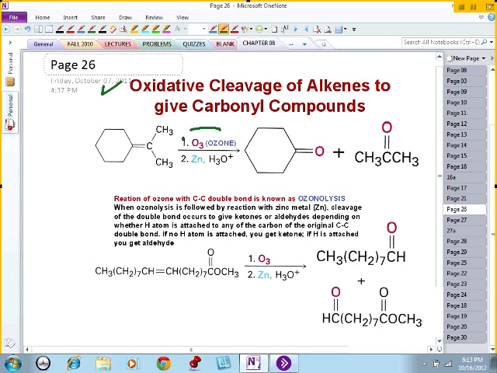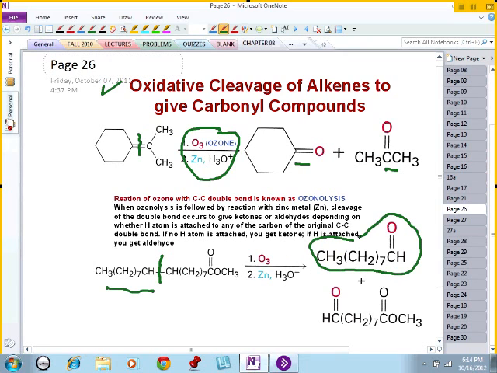We told you that if we take this reagent, ozone followed by zinc in some acid medium, we will cleave a carbon-carbon double bond such that each carbon of the double bond becomes a carbonyl, just as you see here and here. Another example is here, in which if we cleave this, this part of the molecule becomes this part.